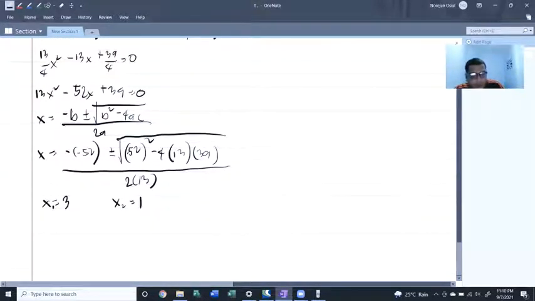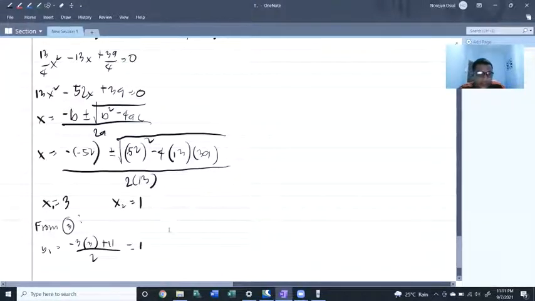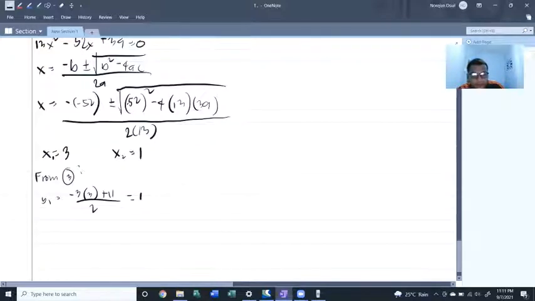So from equation 3, we have y1 equals negative 3 times 3 plus 11 over 2, so we have 1. y2 is equal to negative 3 times 1 plus 11 over 2.